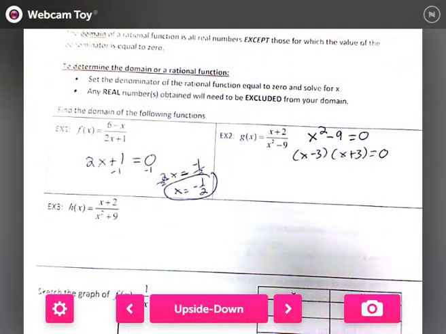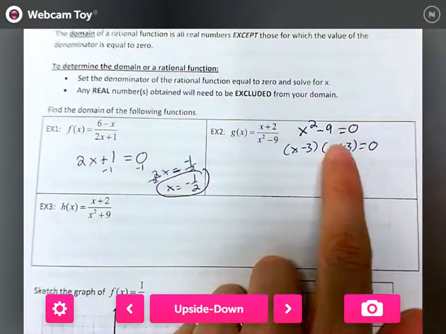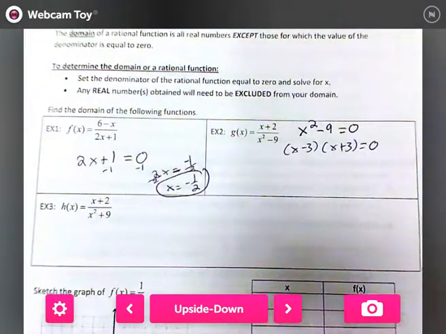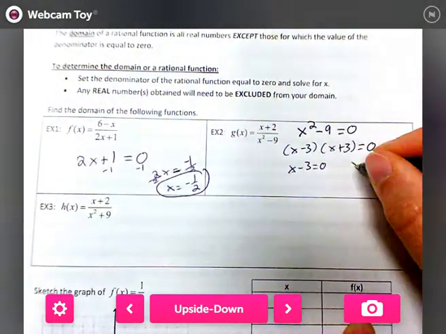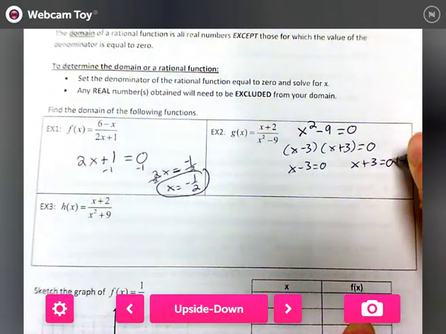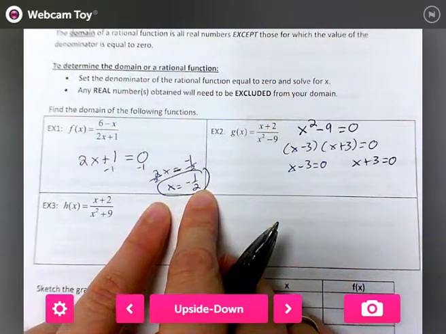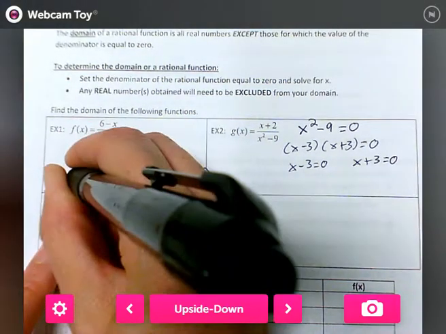So while a lot of you have seen this factored, remember each one of these you set equal to 0 to solve. So x minus 3 equals 0 and x plus 3 equals 0. Remember when we talk about x equals negative 1/2, that means domain x cannot equal negative 1/2.